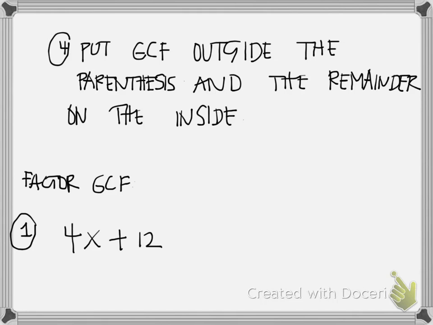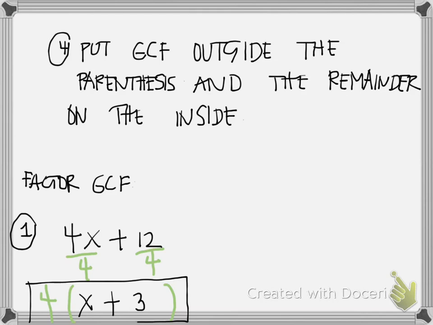So what I'm going to do here is divide both of my terms by 4, and I'm going to put 4 on the outside of my parentheses. So what am I going to have left? 4x divided by 4 just gives me an x, and 12 divided by 4 gives me a 3. So here is my greatest common factor. I turned a polynomial into a factored form, into multiplication.